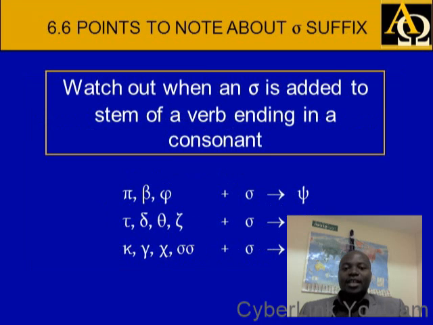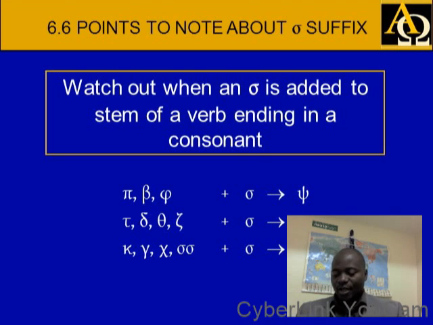So watch out when a sigma is added to the stem of a verb ending in a consonant. Pi, beta, phi plus sigma becomes psi. Tau, delta, theta, zeta plus sigma becomes sigma.